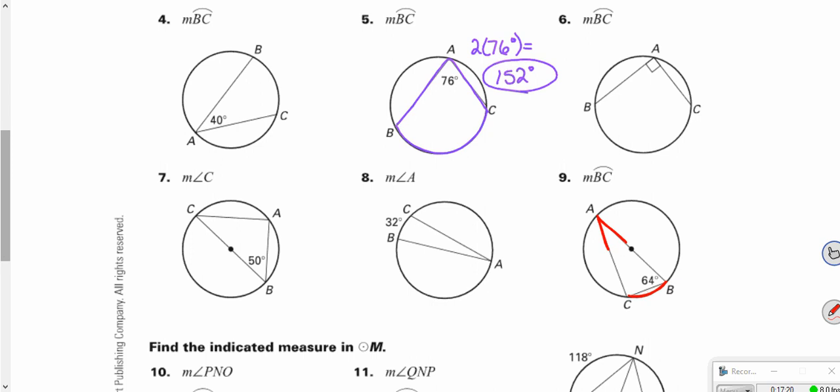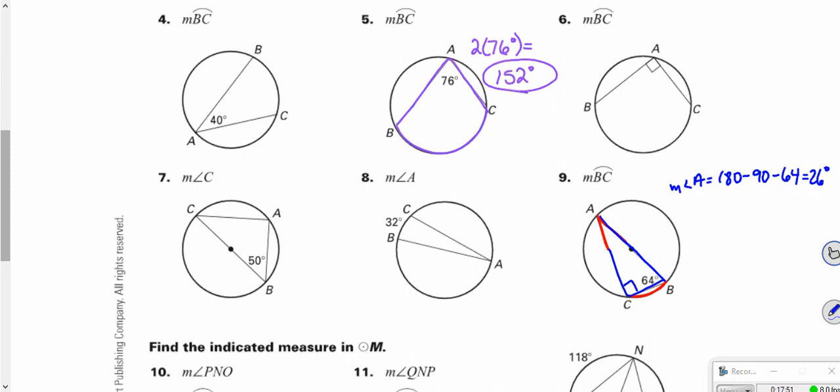And that works for the converse as well. Since this is a diameter, that makes this angle 90 degrees. So the measure of angle A equals 180 minus 90 minus 64, which is 26 degrees. I hope you guys are with me. So that's the measure of angle A.